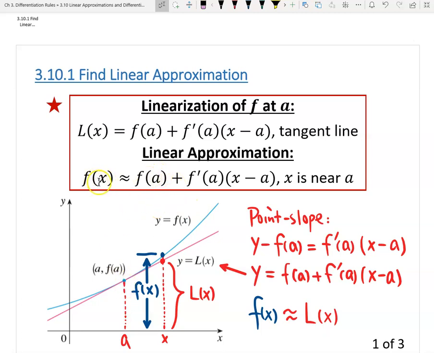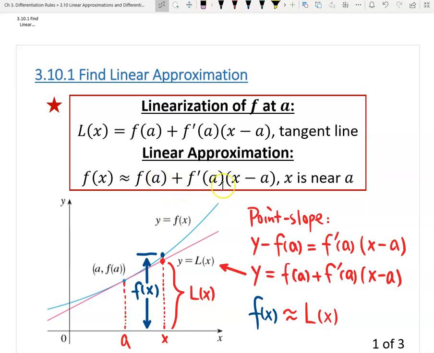If we need to approximate f(x), which means we're going to estimate the value of the function at a point x, the right side needs only the value of the function at the point a, or the derivative of the function at a.